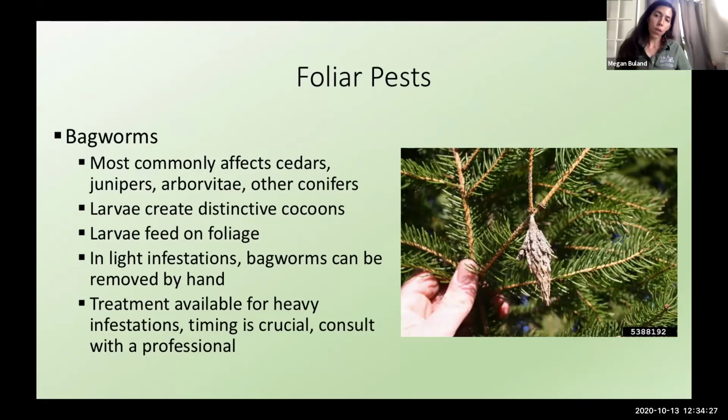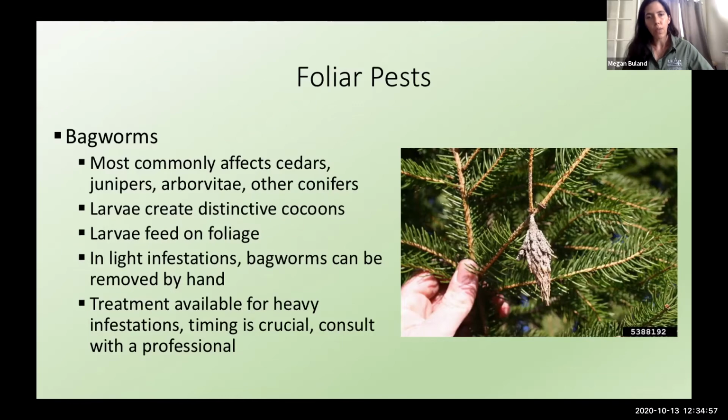So if you have a really heavy infestation of bagworms, or if you have a lot of conifers that are being infested with bagworms, I would really encourage you to reach out to a professional, a certified arborist or another tree care professional who might be able to help you gauge the exact time when you want to be treating for bagworms to be assured that any treatment you employ is effective. And again, proper mulching, proper watering is going to help reduce the stress on landscape trees of being infected with something like bagworms.